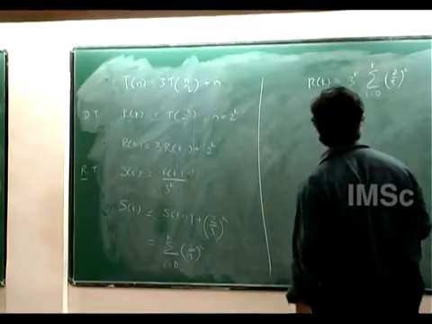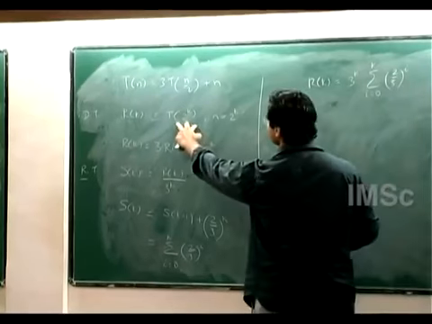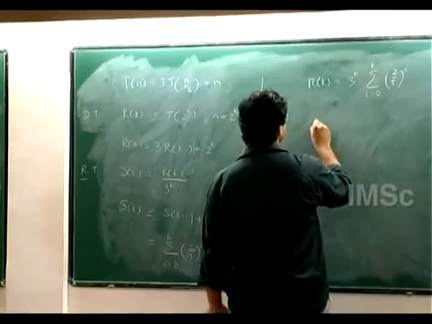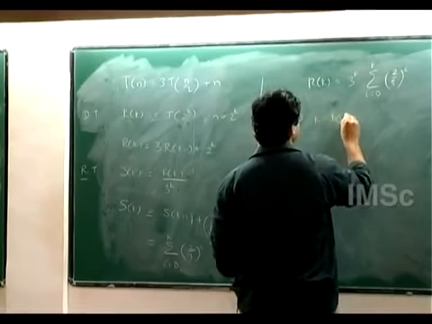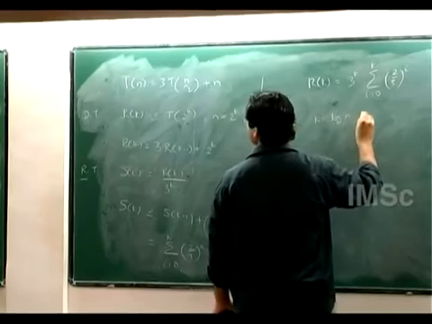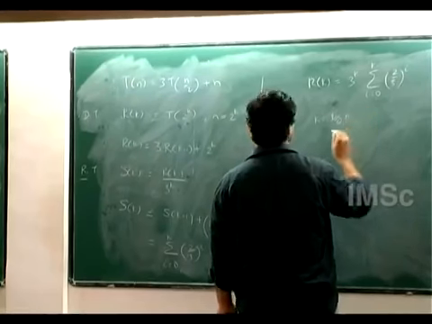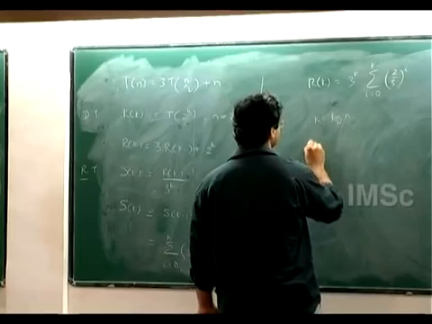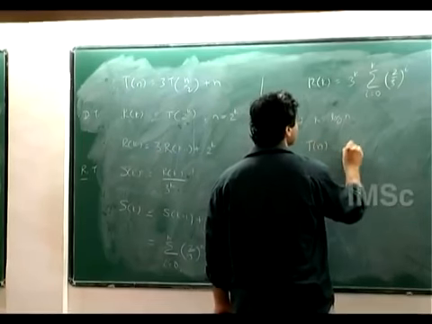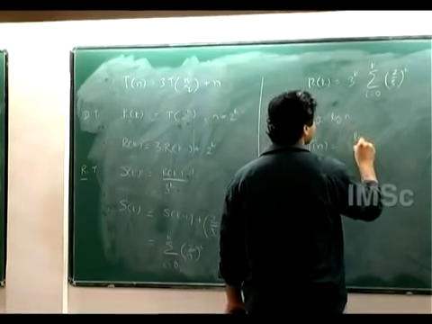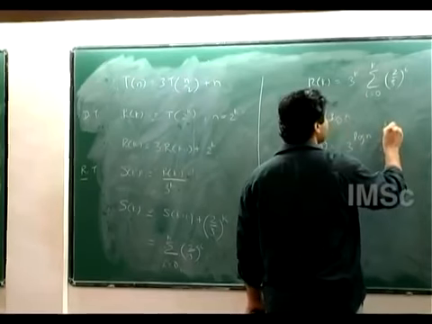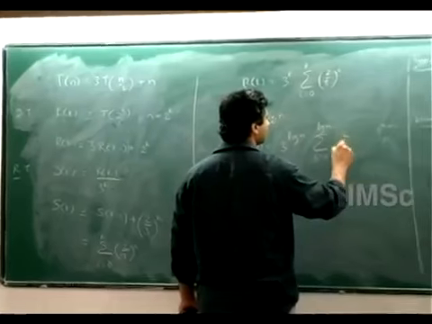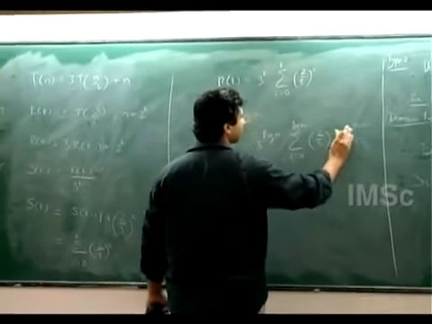And to get the solution back for T, I have to substitute k is log of n, and so I get T of n is 3 raised to log of n, summation i from 0 to log of n, 2 by 3 raised to i.